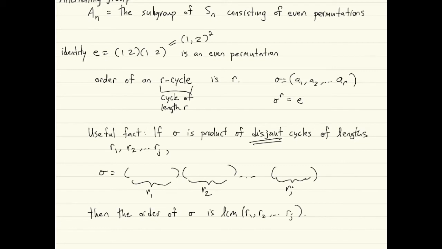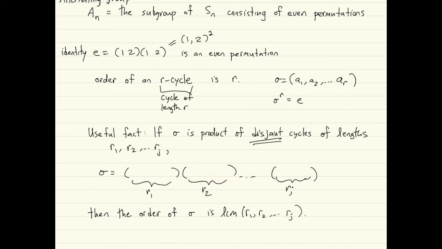In other words, they don't have any numbers in common. Then the order of sigma is the least common multiple of r1, r2, up to rj. Why is that? Well, when I raise sigma to the r1 power, this cycle becomes the identity element. This cycle may or may not be the identity element.